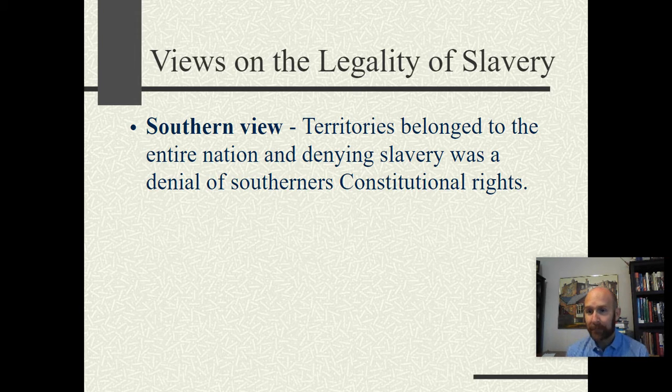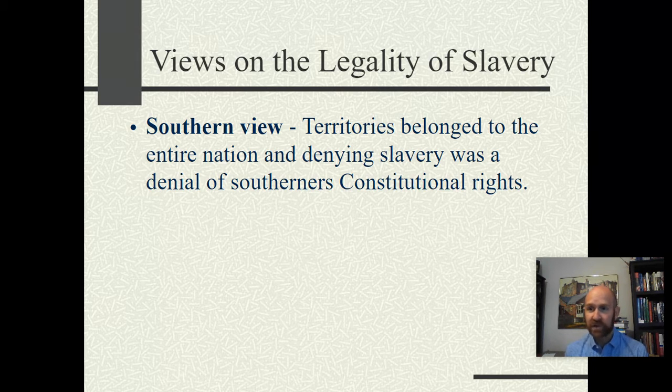The three-fifths compromise in the Constitution does actually, in a tangential way, support slavery. And so it recognizes that there are slaves without explicitly saying that each state has the right to determine whether or not they want slaves.